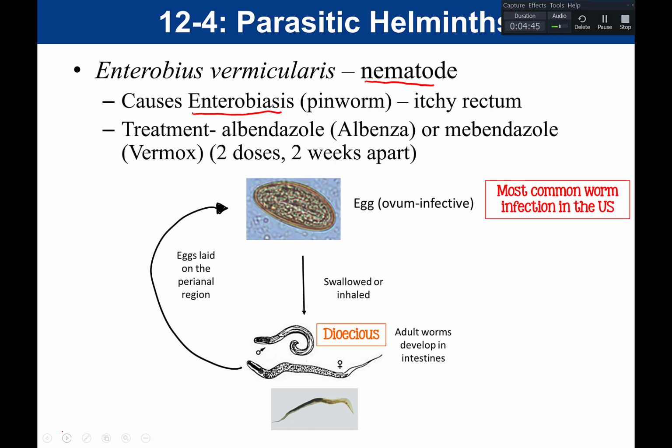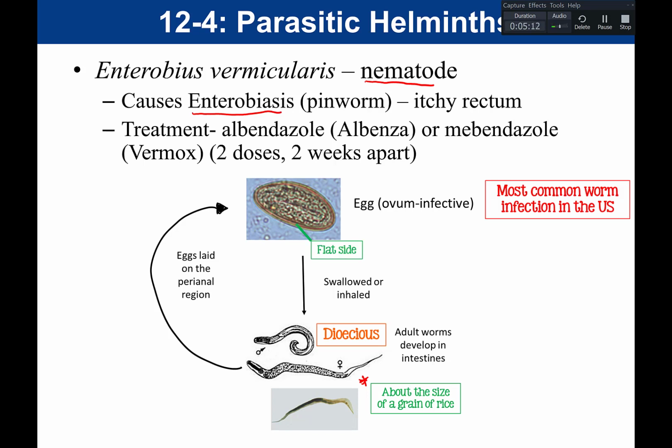In terms of stages to know on the practicum, you want to know the adult worm. To give you an idea about what you're looking for, the adult worm is about the size of a grain of rice. So they're fairly small worms. They're not particularly large. And then the egg.